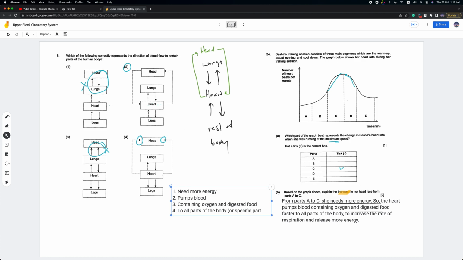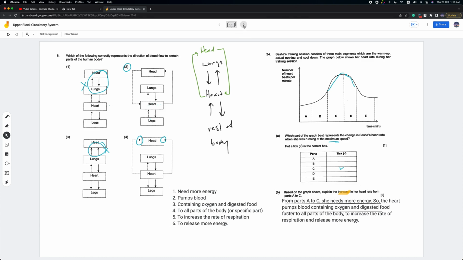And what comes next? To increase the rate of respiration. And number 6, back to number 1 again, to release more energy. So these are the things that you need to have for this question.